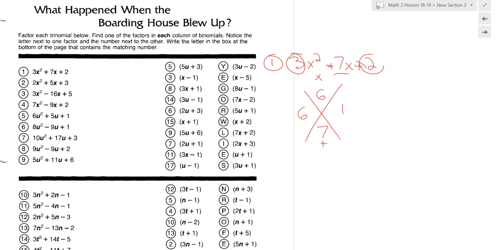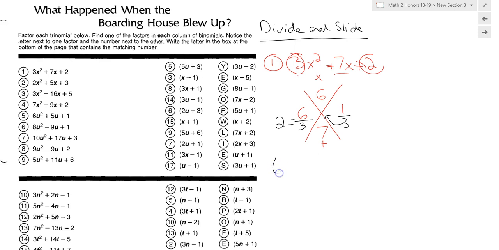The last step, and we call this method divide and slide. Since we multiplied by 3, we now need to divide by 3. So I'm going to divide both of my numbers by 3. If it reduces, great. If it doesn't, we slide it out. And I'll kind of show you what I mean by that. So this doesn't reduce, it stays as a fraction, so we're going to slide that 3 out.